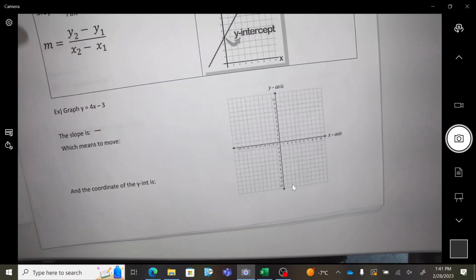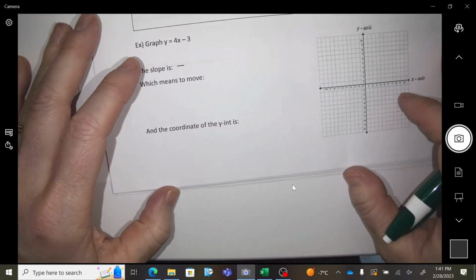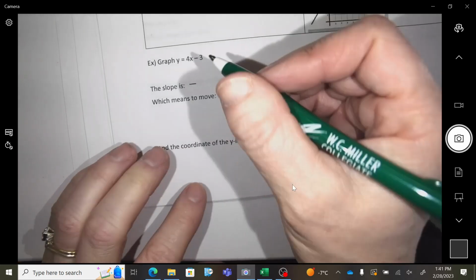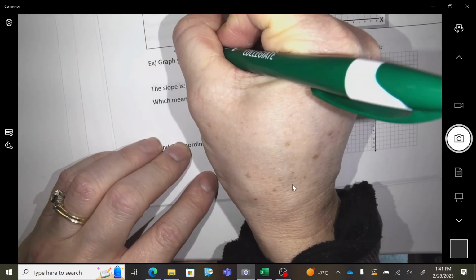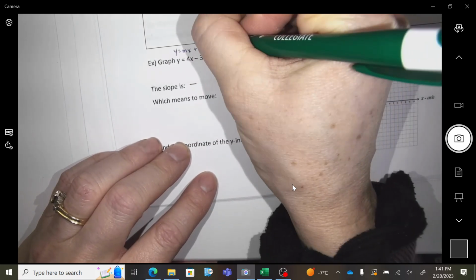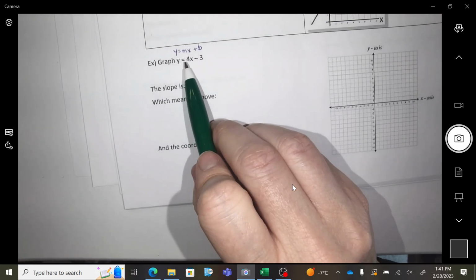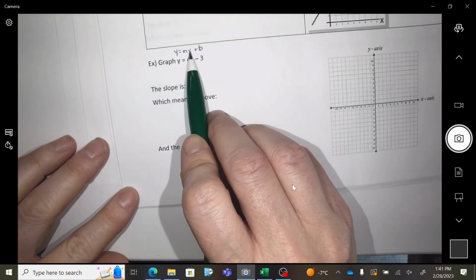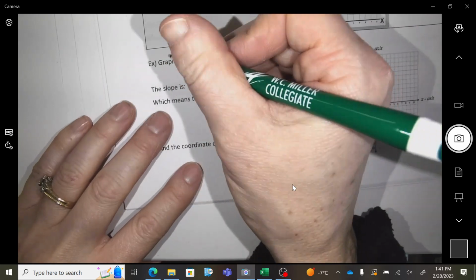Okay, so here we go. Graph y equals 4x minus 3. So 4x minus 3. So the m is 4.